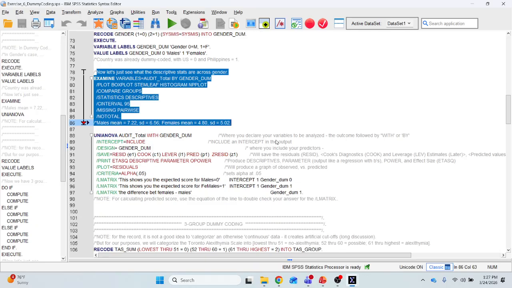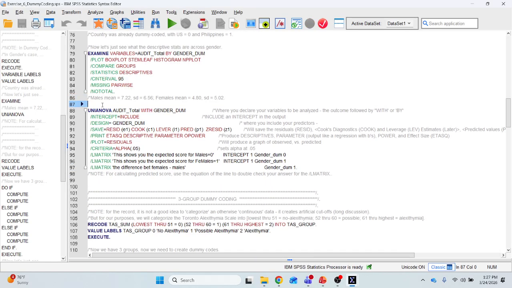So now let's run our favorite UniANOVA. If you look at the UniANOVA, it's the same thing that we've had before. You have our outcome, which is the audit total, and now we have our dummy coded gender variable. This, folks, is essentially just a t-test: one outcome that is continuous, one predictor variable that is 2 groups.